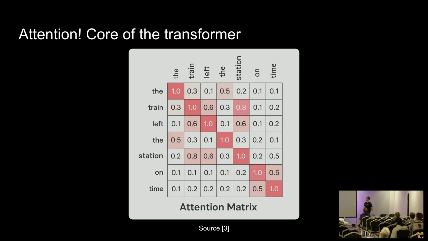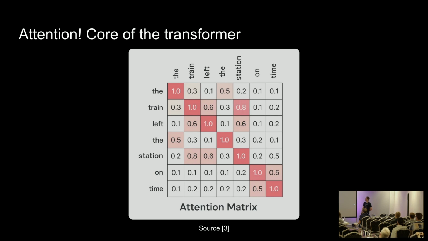And then doing this attention computation will do the dot product between the vector representation of each of these tokens. Essentially what that means is it computes the semantic similarity between these tokens, right? So you can see that the train and the station token are pretty similar to each other, so they have 0.8. On this main diagonal, of course, everything is 1.0 because the self-similarity is 1.